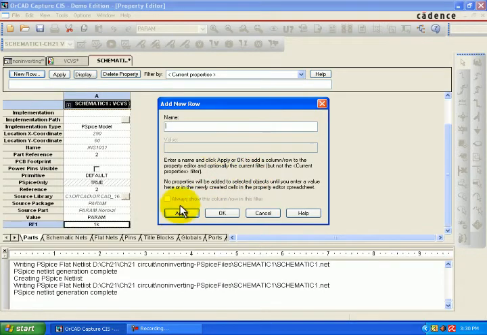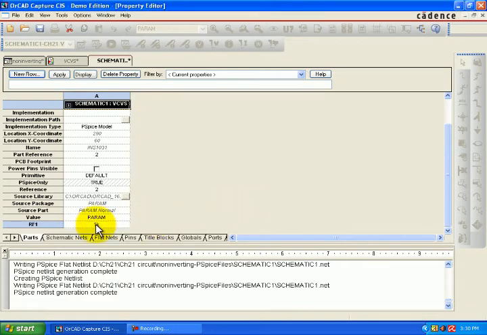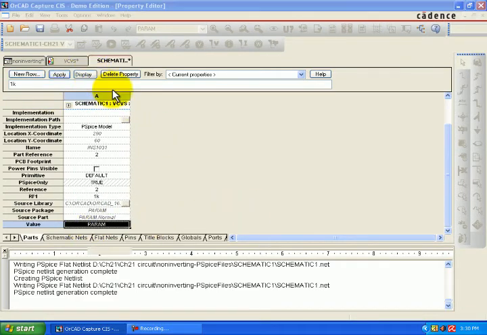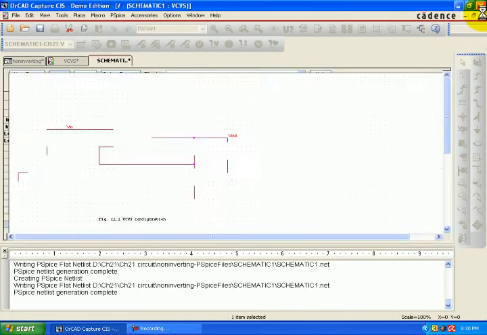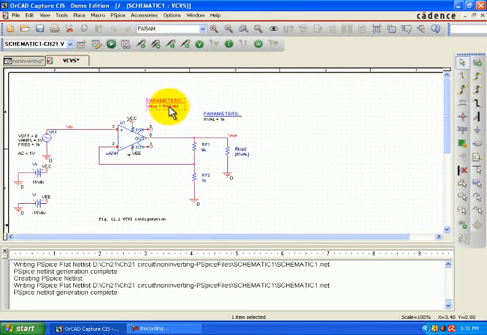Now change the value of RF1 to 1K. We can analyze the signal to noise ratio effect on negative feedback.